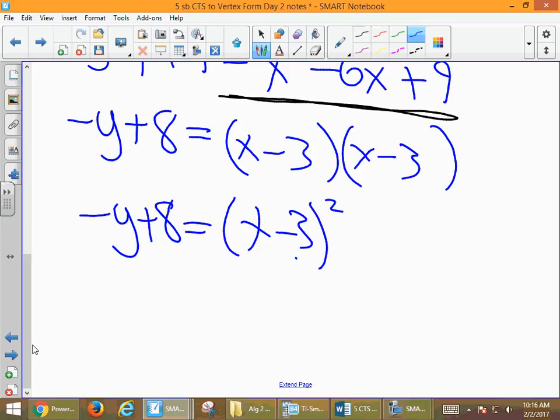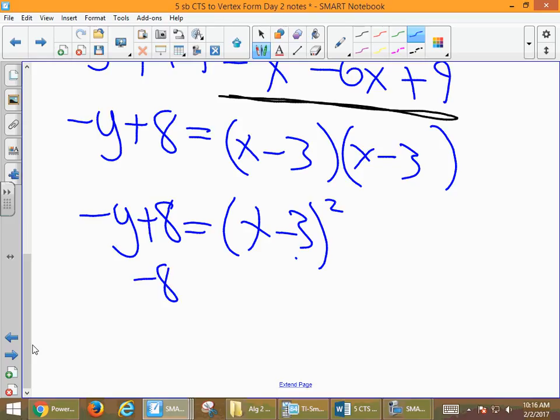And now that we have our x minus 3 squared, we need to get y by itself. So what should be the first step to get y by itself? Oscar? So we could divide. That could be one possible way, but what I would probably prefer to do, and would probably end up to be a little bit easier, is to subtract 8.